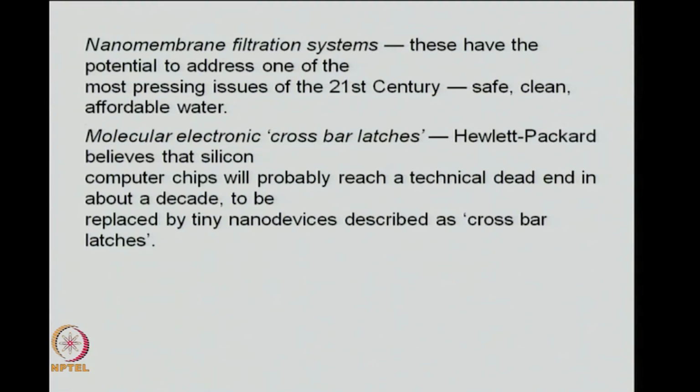In nanoelectronics, people are expecting that the silicon based computer chips are reaching the maximum that can be achieved using silicon chips, and so we need to find new devices, and some examples of nano devices based on what are called crossbar latches are being developed by Hewlett Packard in the United States.